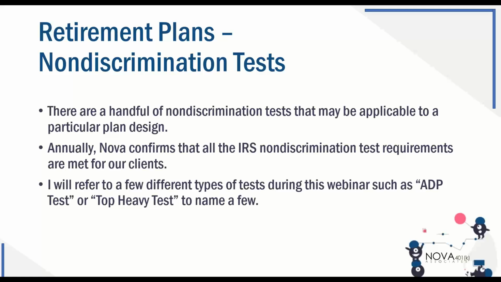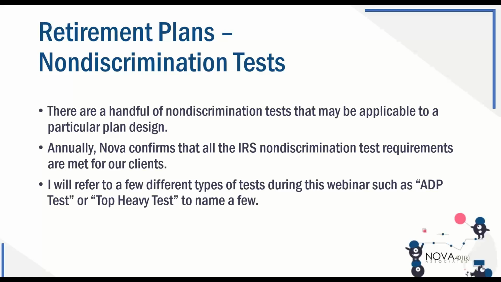And that's because we have non-discrimination tests. And basically a plan or a set of plans can give a large percent of the contributions to the owner or to the HCEs, but there's a limit to how much that discrepancy can be. And so in order to determine what those are, we have the non-discrimination tests.